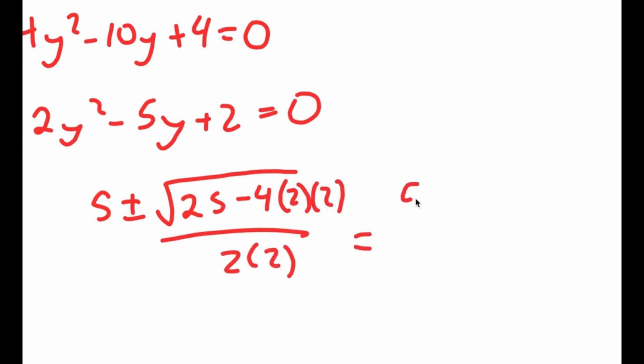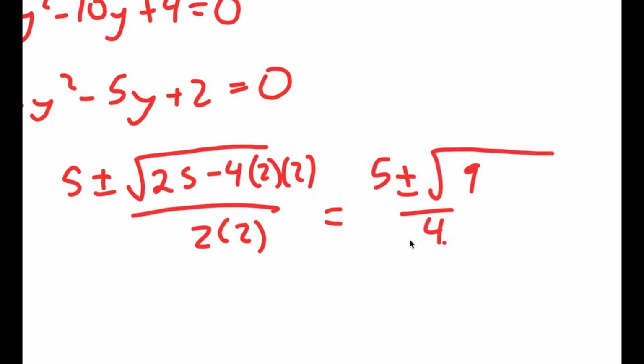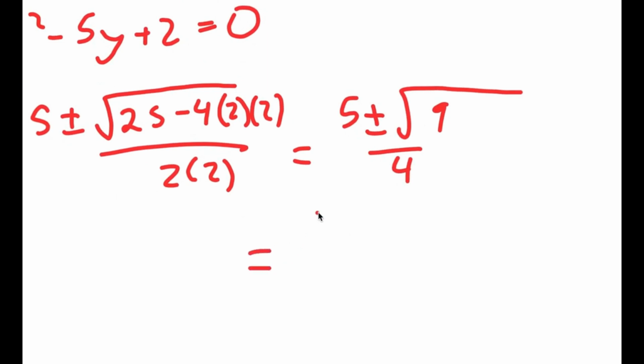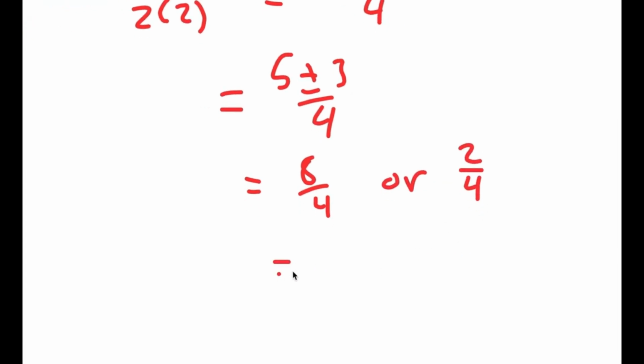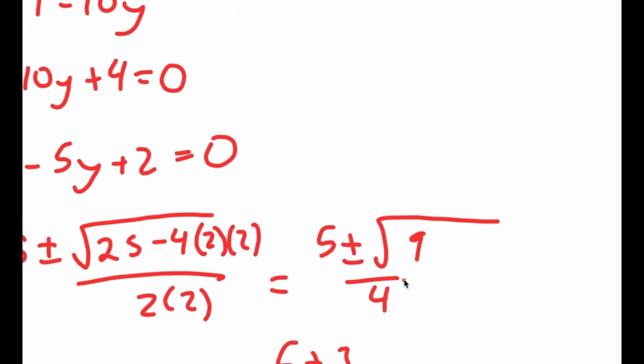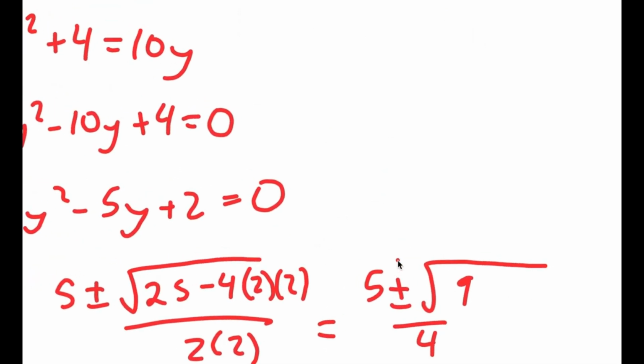And this is equal to 5 plus or minus the square root of 25 minus 16, which is 9, over 4, which is equal to 5 plus or minus 3 over 4, which is equal to either 8 over 4 or 2 over 4. Now 8 over 4 is 2, and 2 over 4 is 1/2. So I have y equals 2 and y equals 1/2.